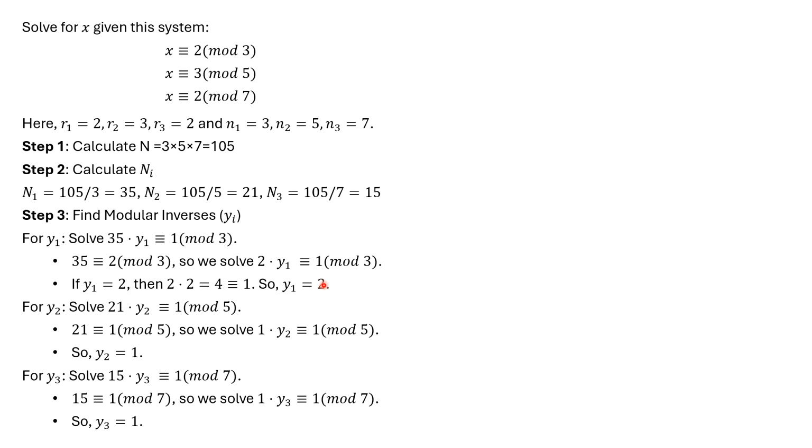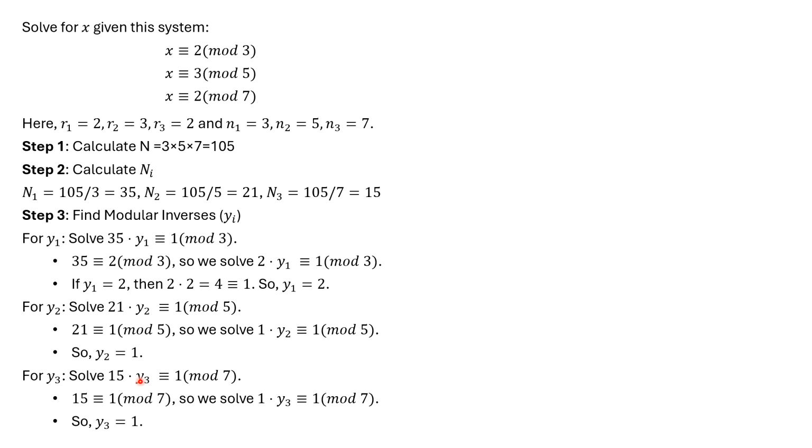And the other two are even simpler. 21, taking the N2 times y sub 2. For what value of y2 is this congruent to 1? Again, we reduce 21 mod 5 first, and we see it's just 1, and we plug that back in for 21. So it's even more obvious here. We just need to have y sub 2 equal 1 to satisfy this. And the third one is just as easy.